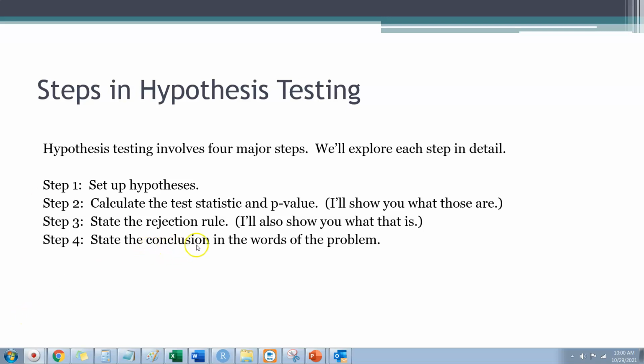And then finally, you're going to state the conclusion in the words of the problem. And I'll show you what all this means. But essentially, every hypothesis test follows these 4 steps. Set up the hypotheses, calculate your test statistic and p-value, state your rejection rule, and then state your conclusion.